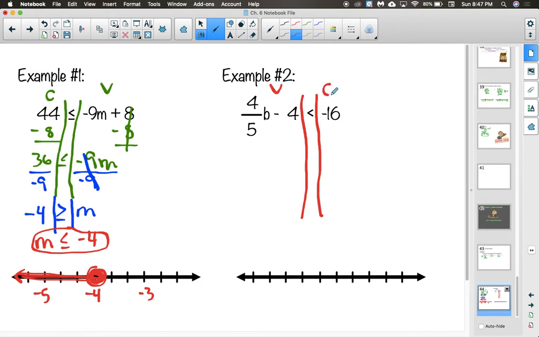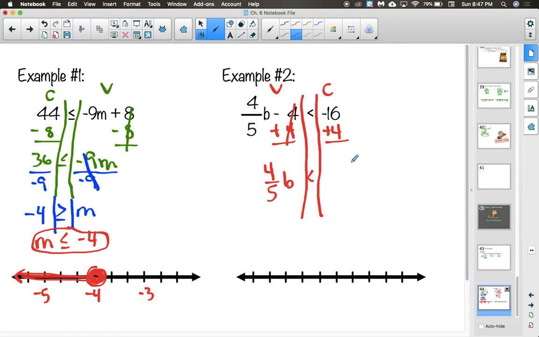Variable side, constant side. Which term does not belong on the variable side? It's the minus 4. The inverse of minus is plus, so we're going to add 4. And we're going to balance that out on the constant side as well. We're going to add 4. And we end up with 4/5 b on the variable side.